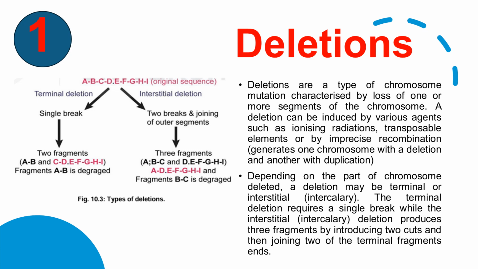Depending on the part of the chromosome deleted, a deletion may be terminal or interstitial (intercalary). The terminal deletion requires a single break, while the interstitial deletion produces 3 fragments by introducing 2 cuts and then joining 2 of the terminal fragments' ends.